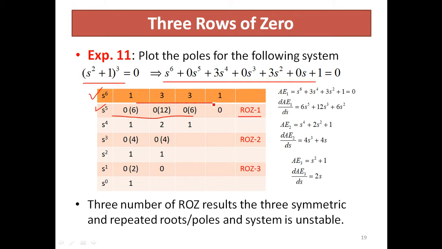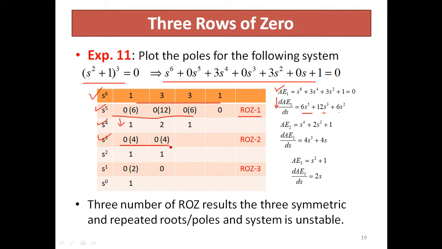Write the auxiliary equation for this, that is AE1. Take the derivative of this auxiliary equation. Coefficients would be 6, 12, 6. Replace all zeros by these coefficients. So this 0 is replaced by 6, this 0 is replaced by 12, this 0 is replaced by 6. Carry on the calculation of the element of this row s raised to power 4. Now carry on accordingly, s raised to power 3.